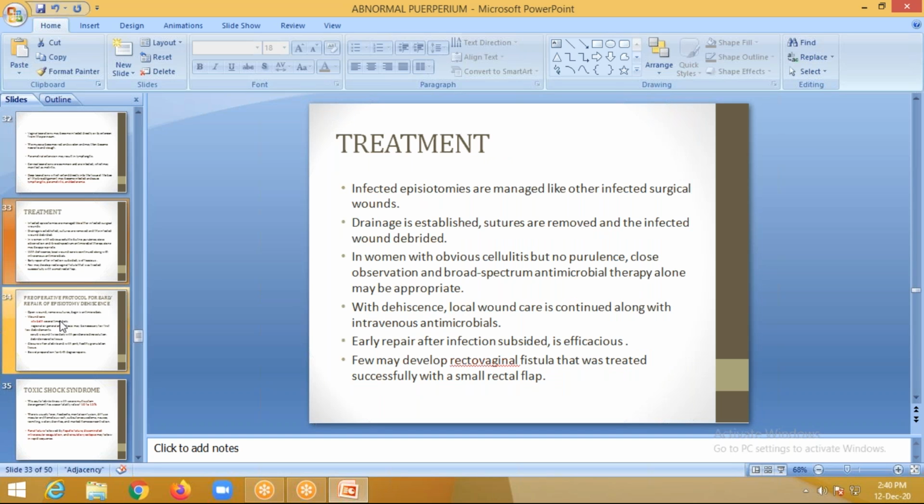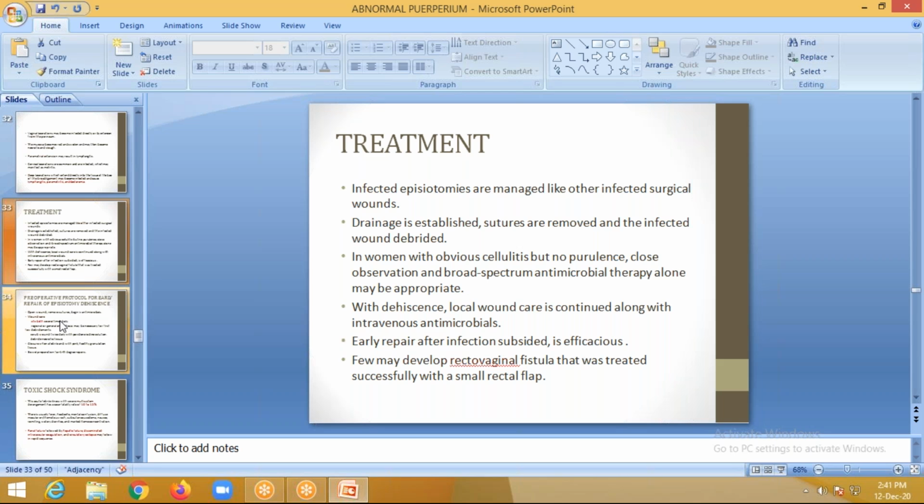Coming to treatment, infected episiotomies are managed like other infected surgical wounds. Drainage is established, sutures are removed, and then the infected wound is debrided. In women with obvious cellulitis but no purulence, close observation may be appropriate.